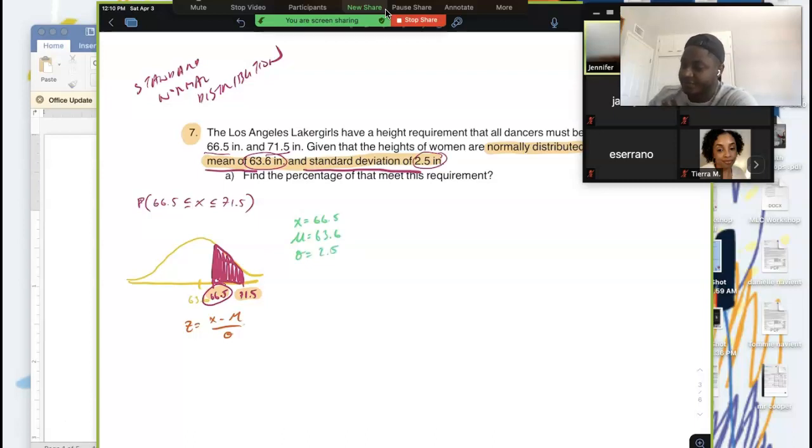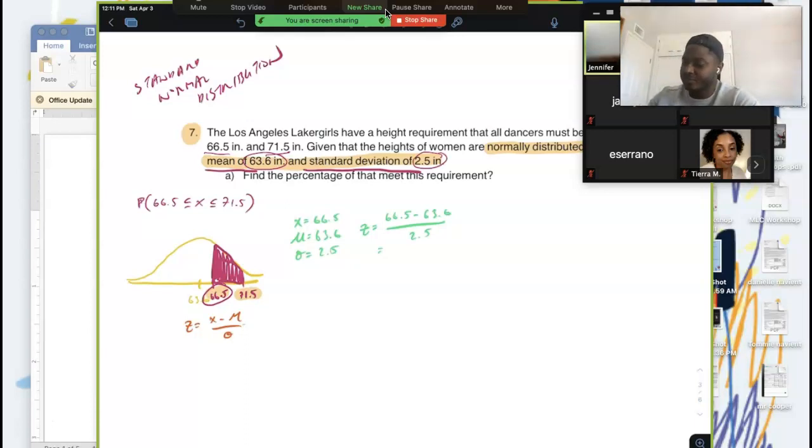So we substitute those values into the formula. z equals 66.5 minus 63.6, divided by 2.5.